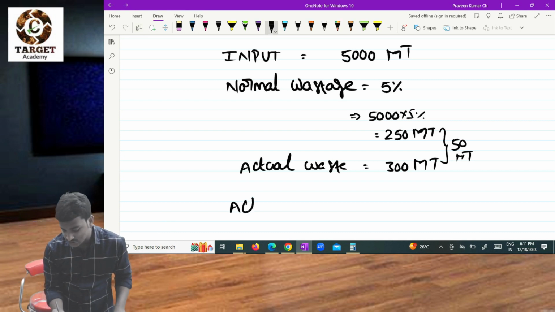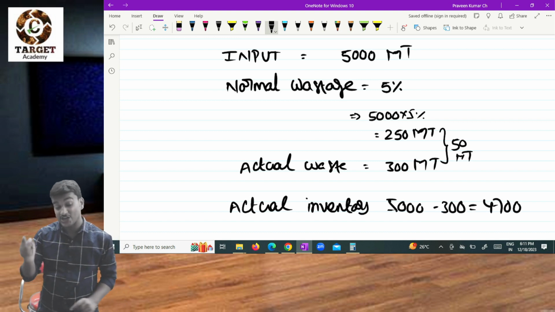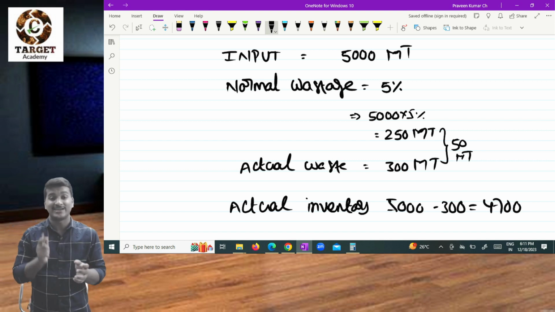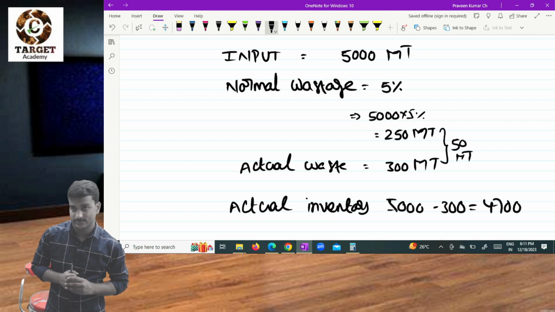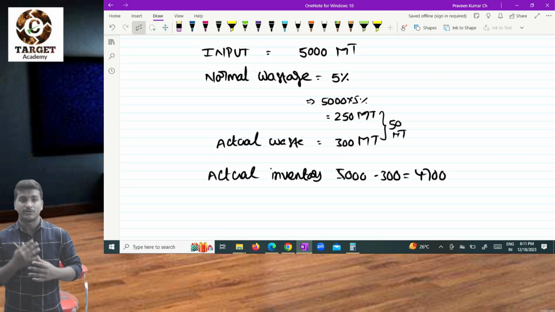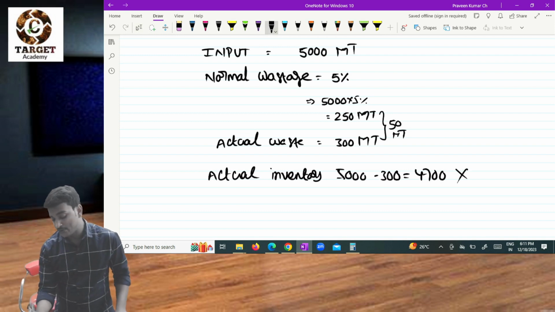Actual inventory is 5000 minus 300, that is 4700 units. But he is asking not in number, he is asking in amount, in rupees. Sir, into 1000 rupees? No. Now you have to find out per unit cost.